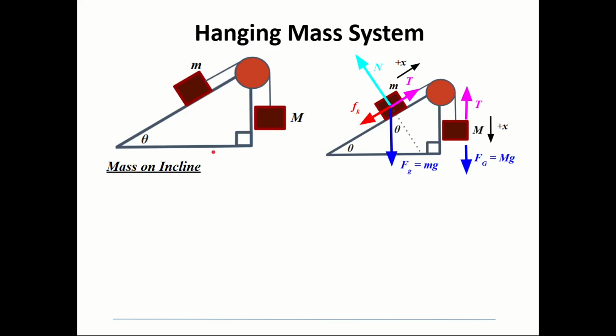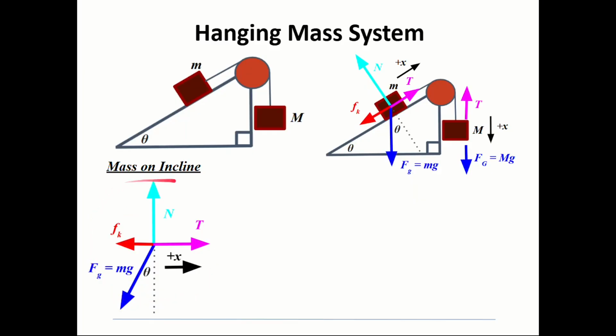Now, if I look at the mass on the incline, we can do an interesting trick here with our free body diagram, where I can actually rotate this free body diagram to this over here, such that the tension is going to be pointing to the right, and all the other forces rotate as well.